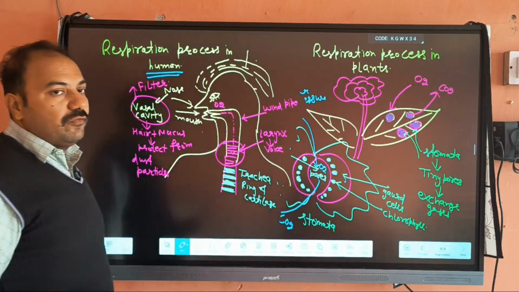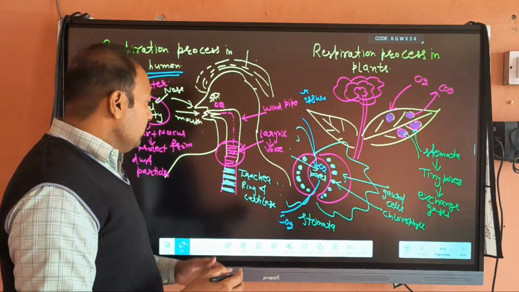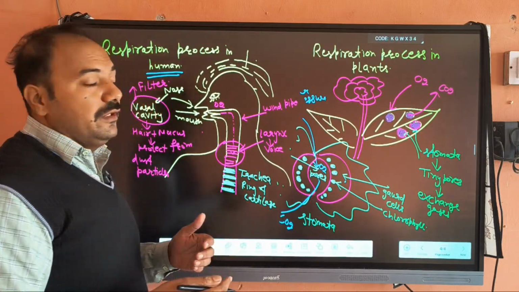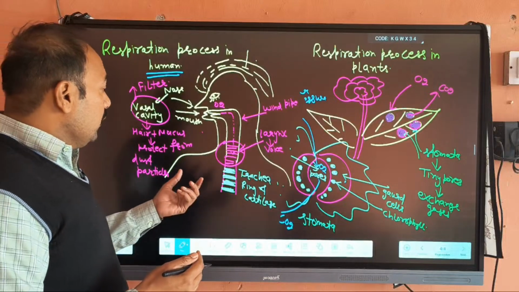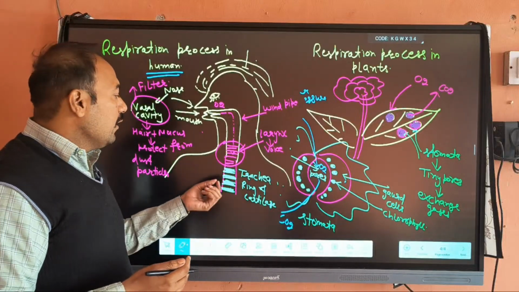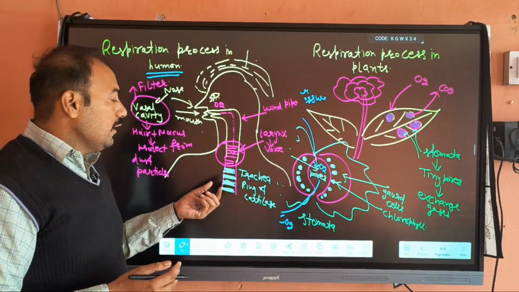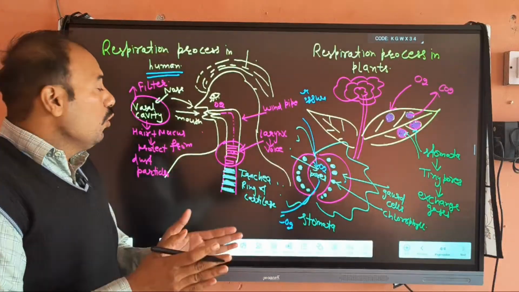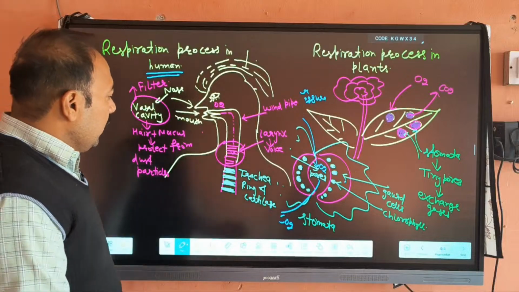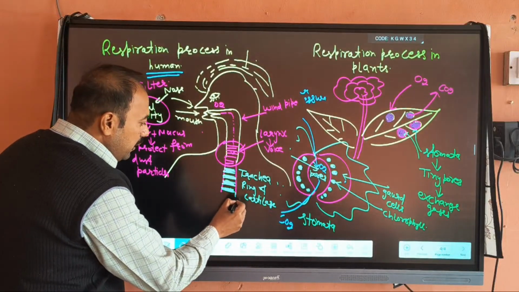What is the function of the rings of cartilage here? When we take in oxygen or air, they prevent the tubes from collapsing. If there were no rings of cartilage, there would be a chance of the tube collapsing. And further, this goes downward.